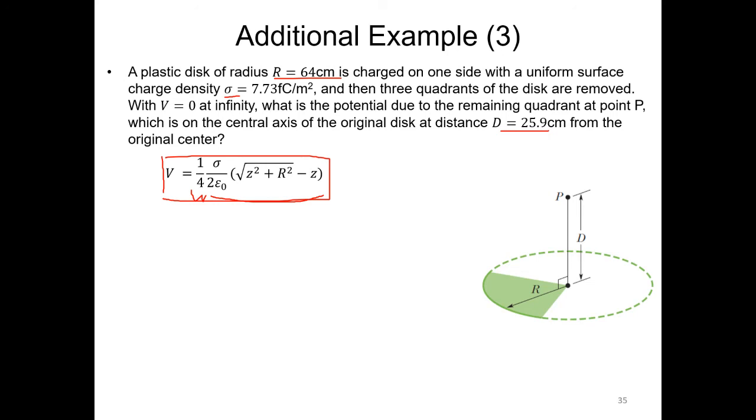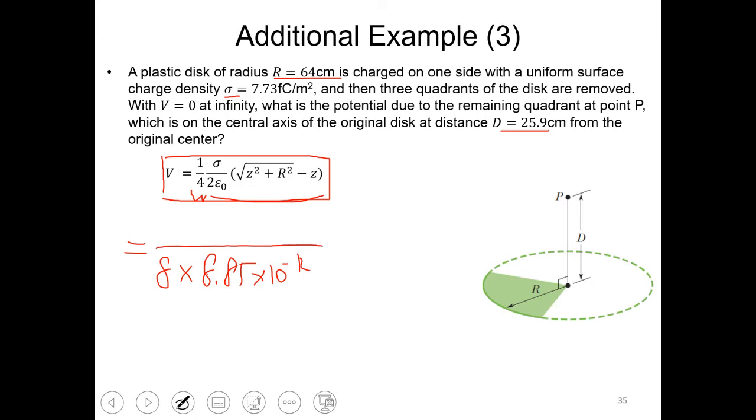So in this case, we just substitute all the numbers, and then we have 4 times 2, which is 8, and then epsilon 0 is 8.85 times 10 to minus 12, and then sigma is 7.73 times 10 to minus 15, and then this z is this capital D. Capital D is 0.259 squared plus r squared.